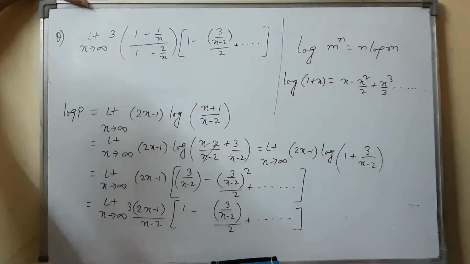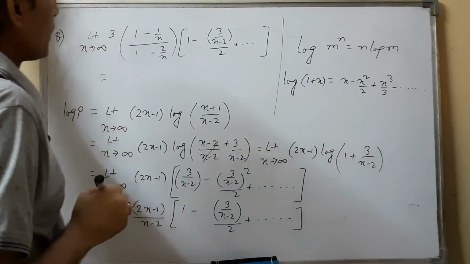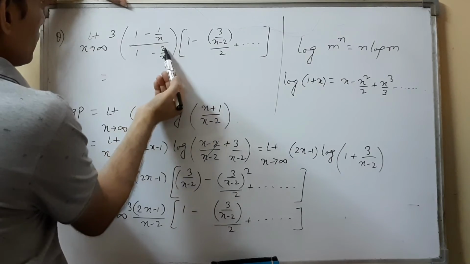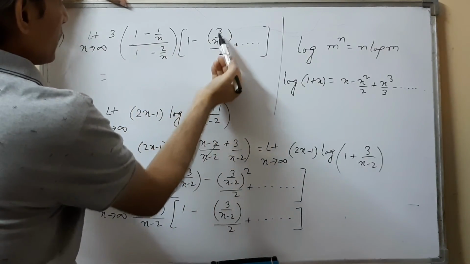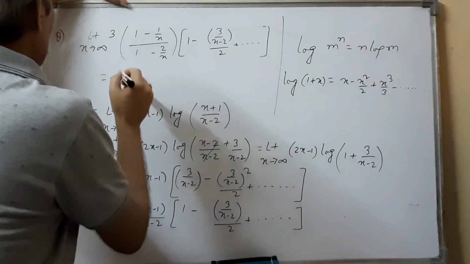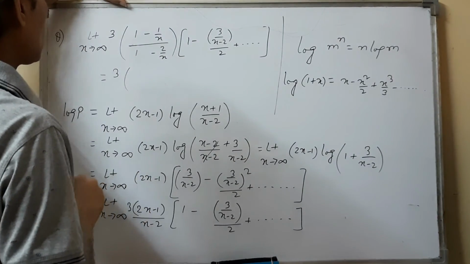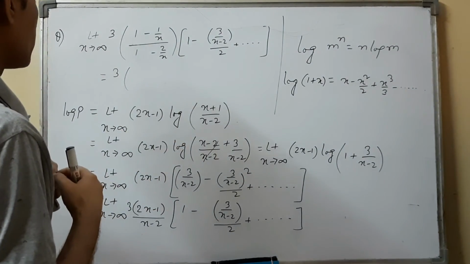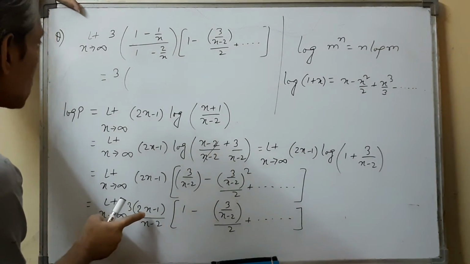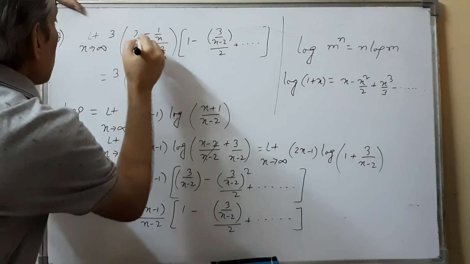Now apply the limit. As x will approach to infinity, 1 by x will become 0, 2 by x will become 0, this term and onwards all the terms will become 0. So what we get, it was 2x minus 1, so 2 will be left out.